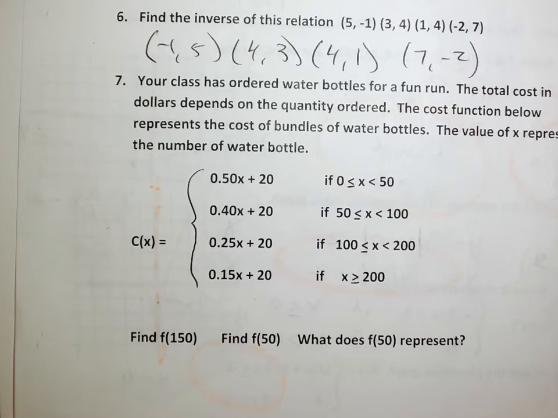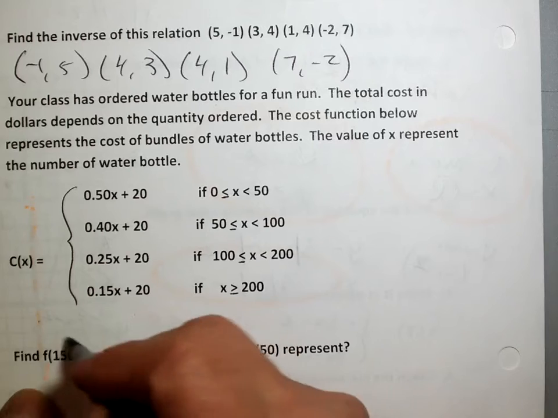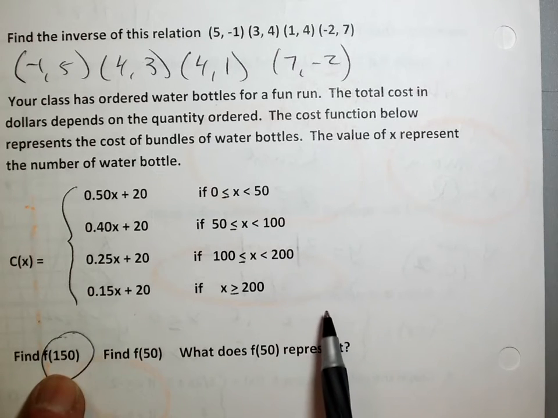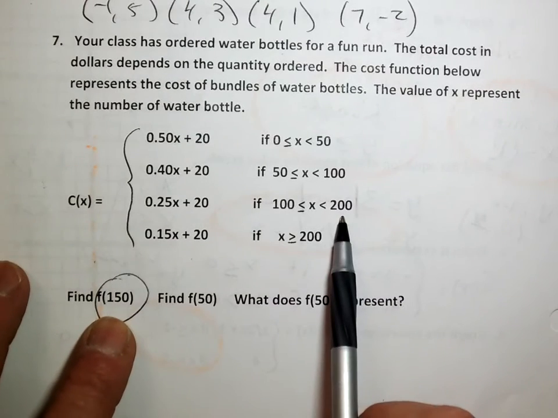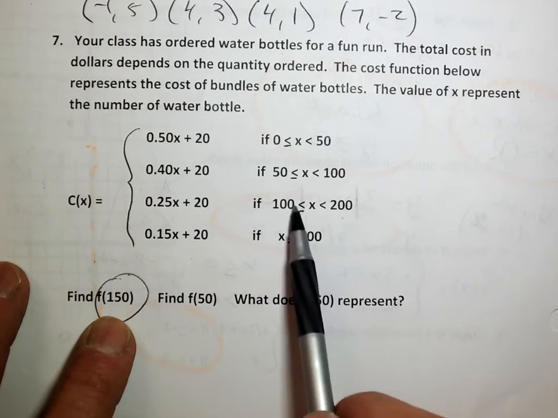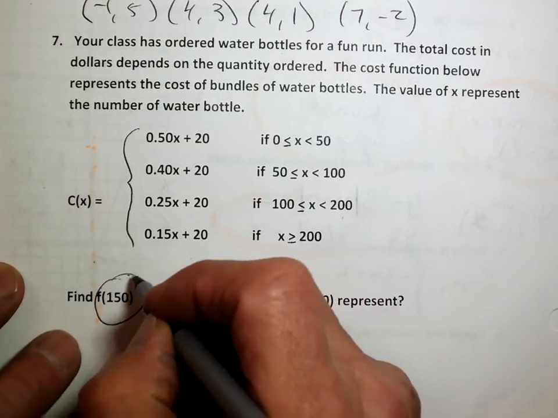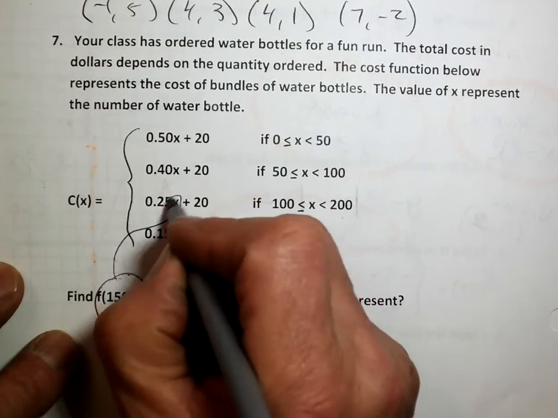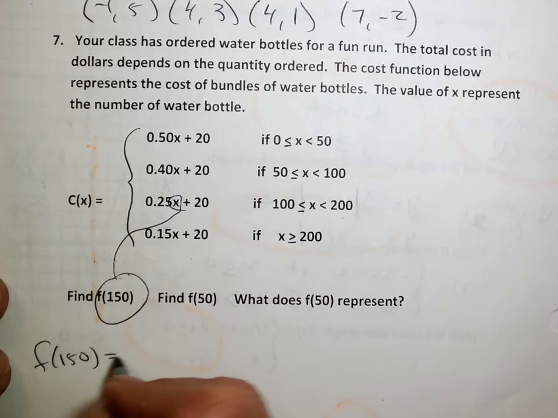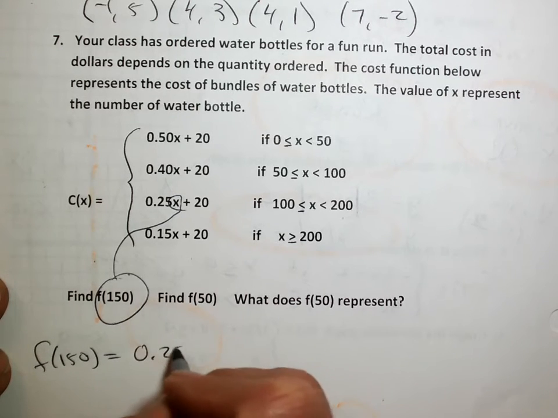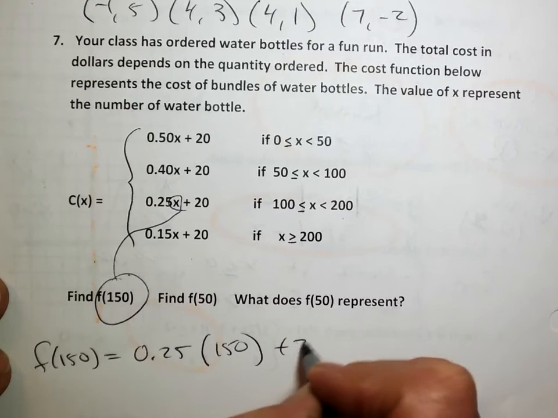Okay. So, all right, let's take a look. So F of 150 goes into the third one. You guys agree? Goes in the third one because 150 is in between 100 to 200. So to get the answer, we plug it in. We're going to go F of 150 is equal to 0.25 times 150 plus 20.